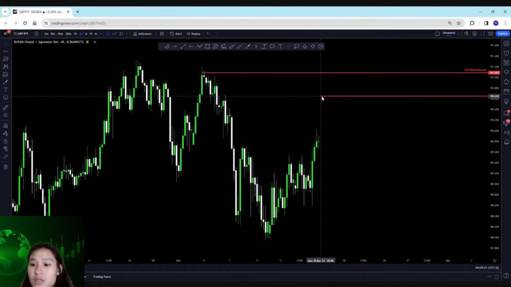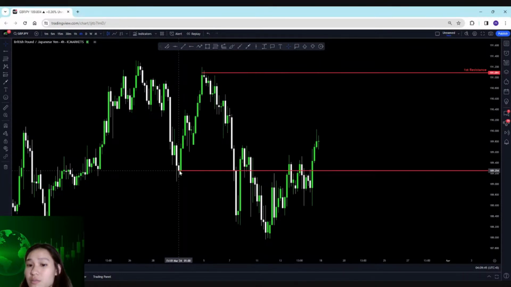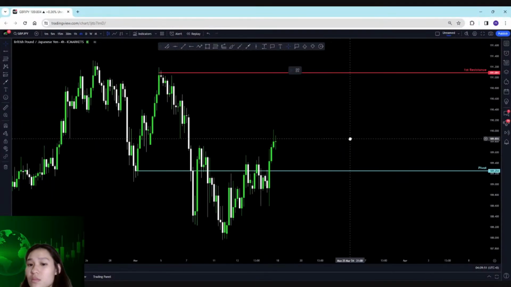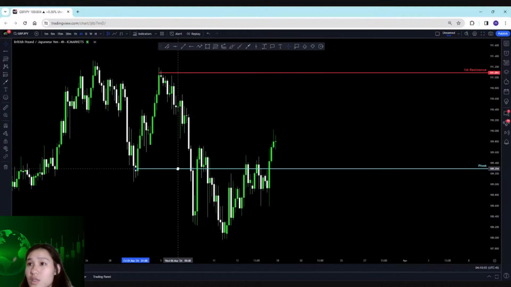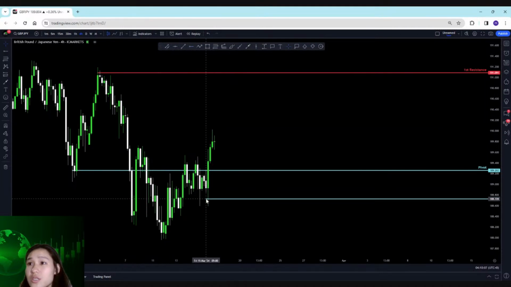My pivot, I'm just gonna place it here. And lastly, I'm gonna place my first support just below here.